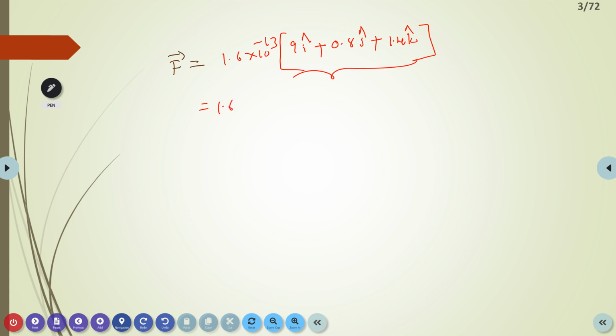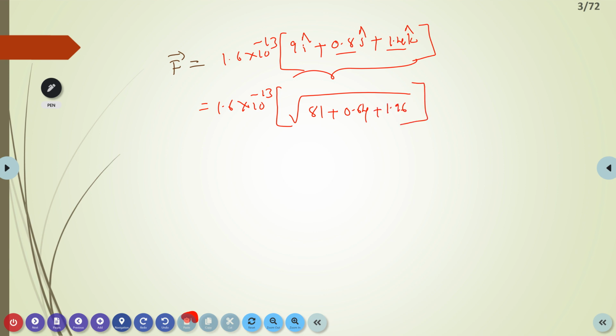You know how to calculate this. 1.6 into 10 to the power of minus 13, and the magnitude is the square root of the sum of squares of coefficients: 9 squared is 81, plus 0.8 squared is 0.64, and 1.4 squared is 1.96.